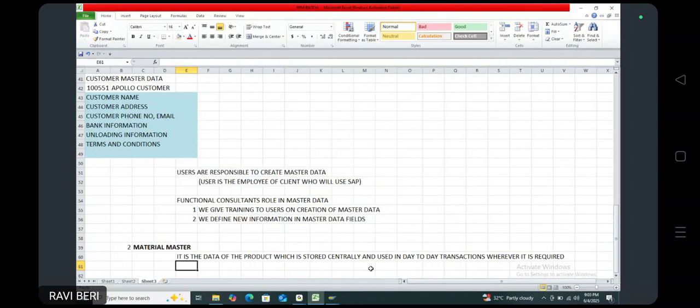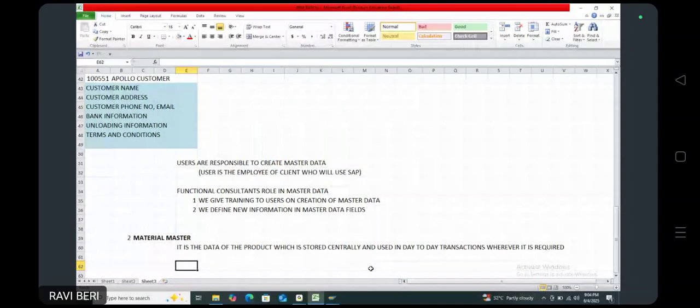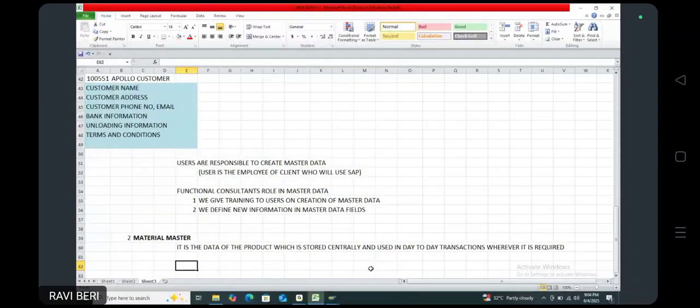So it is the data of the product which is stored centrally and used in day-to-day transactions wherever it is required. So company will manufacture products. So for every product you have to maintain master data. So that will have specifications of the product.